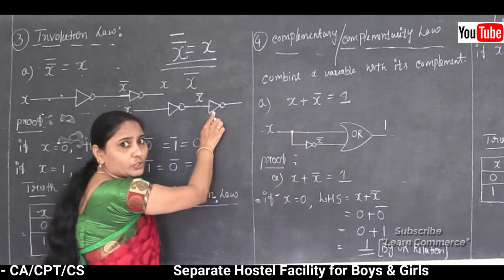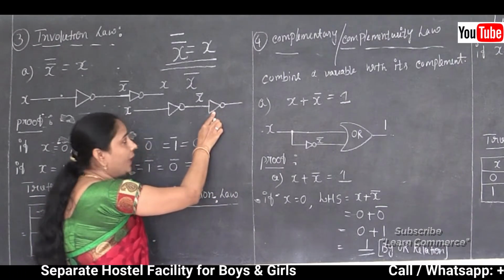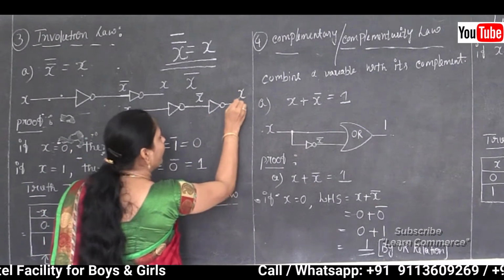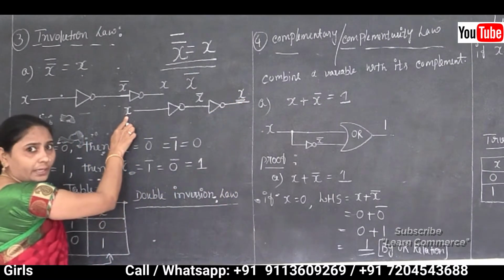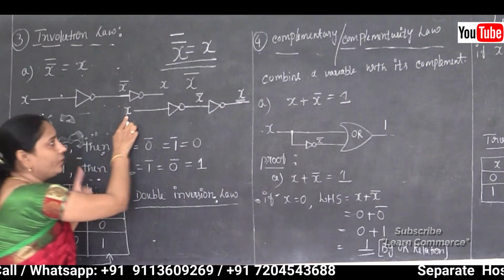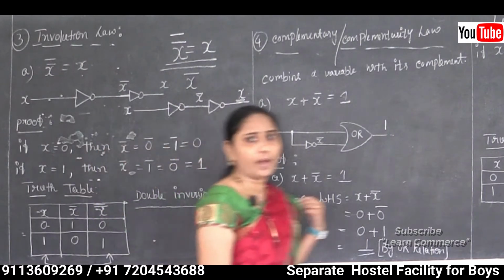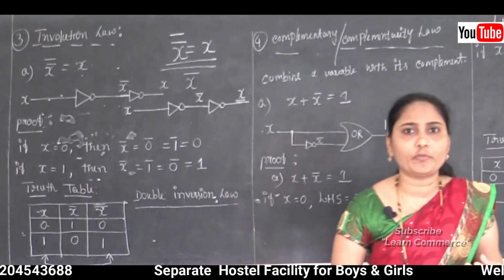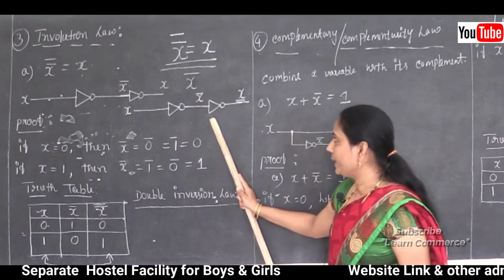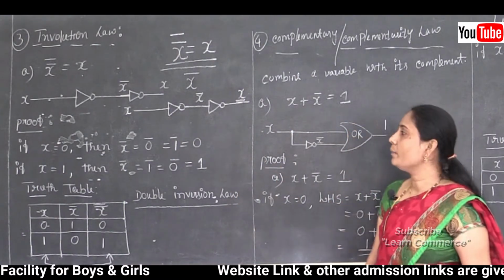So again I apply the not, and finally we get the value we started with, the same value as our last value. So the complement of a variable, complemented again, gives the same variable.